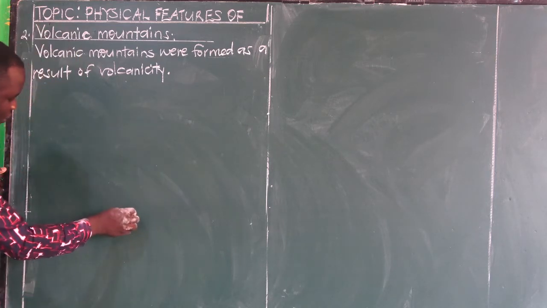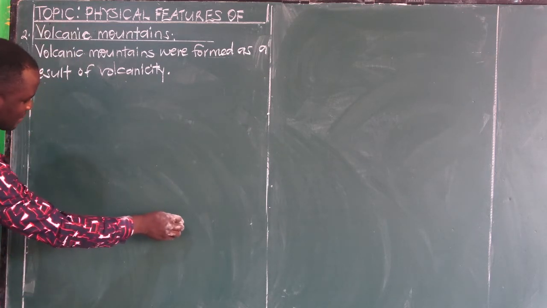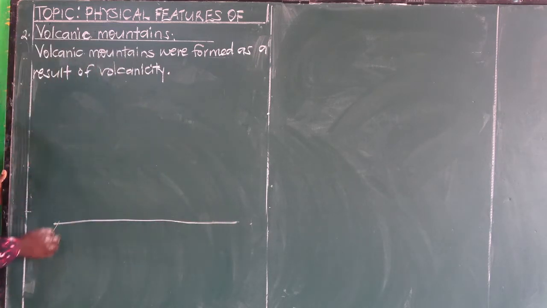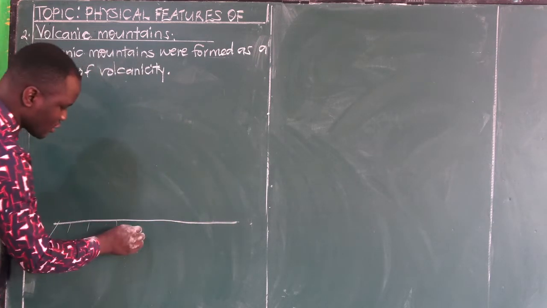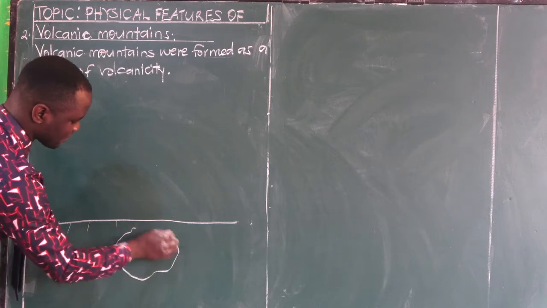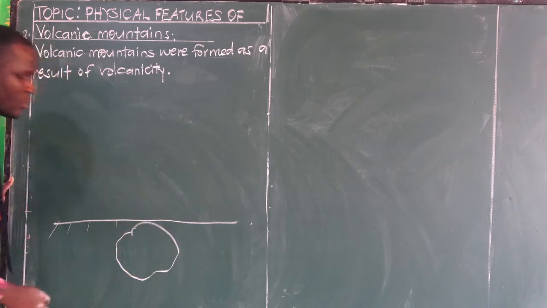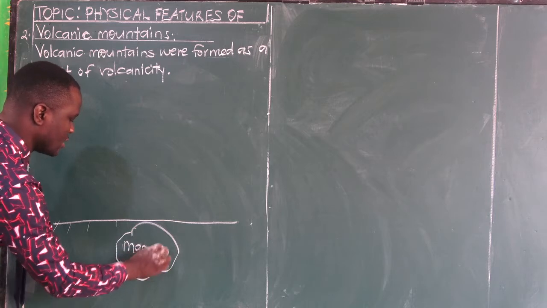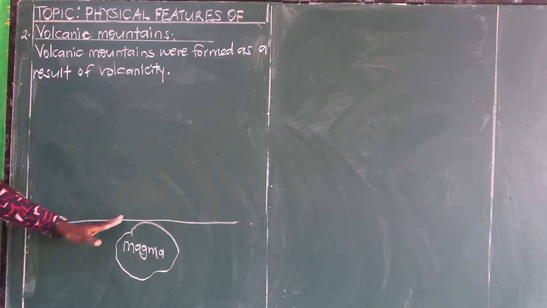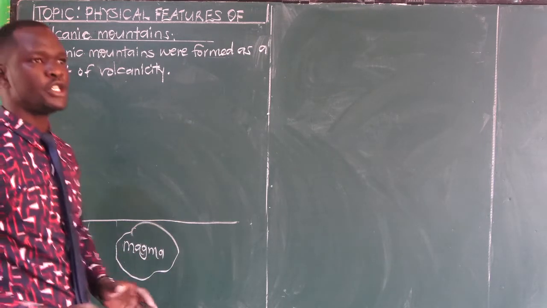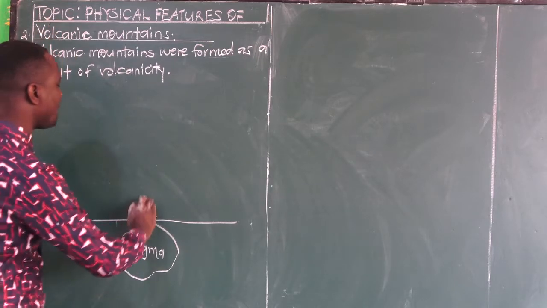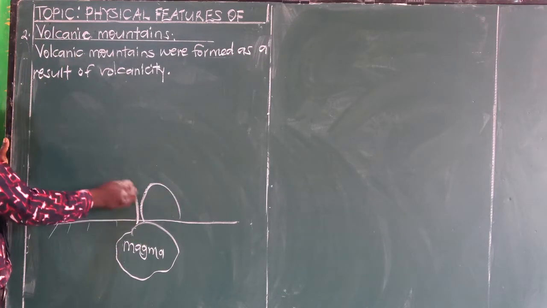We shall understand that if, for example, this has been the earth's surface, and of course this is the ground level, we shall be having magma down this way. We call it a molten liquid, that is magma. Because of the pressure, this magma will have to be pushed to come out, and it will open the earth and come out.